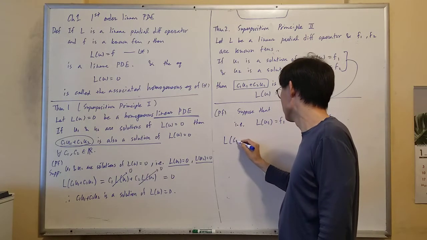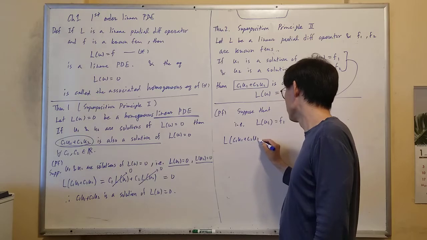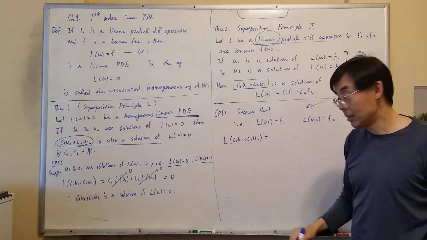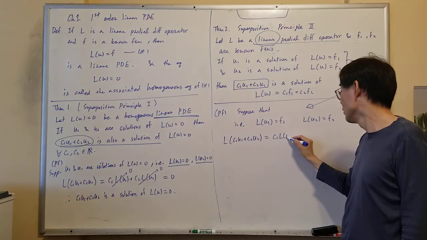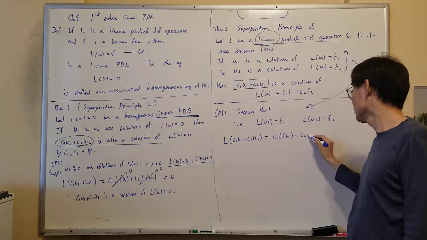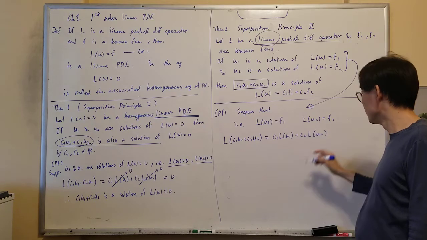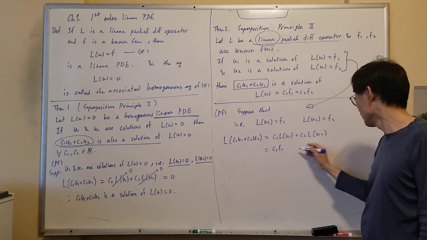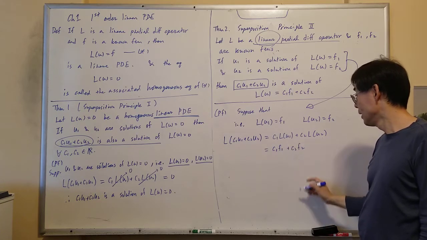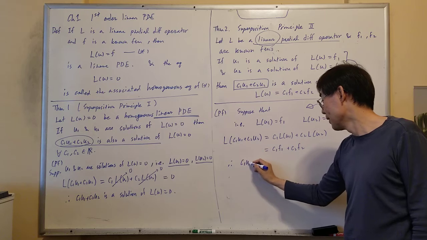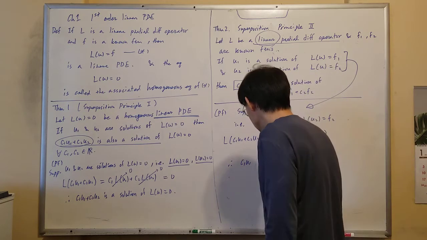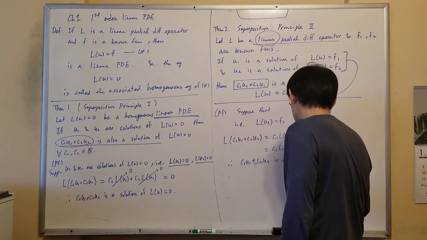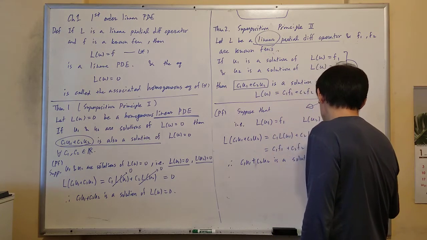Now let's think about it. Again, because it is a linear operator, we can split over addition and constant multiples. Now we get that this is F1, so this is C1 F1, and this is C2 F2. So C1 U1 plus C2 U2 is a solution of this equation.